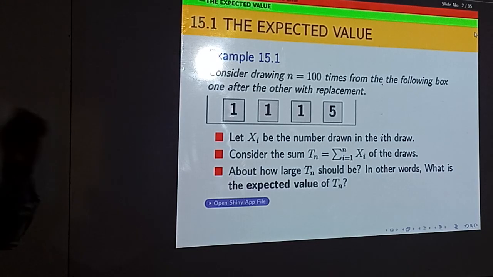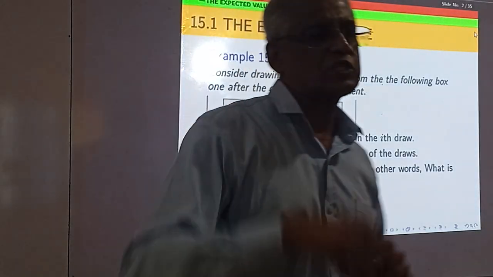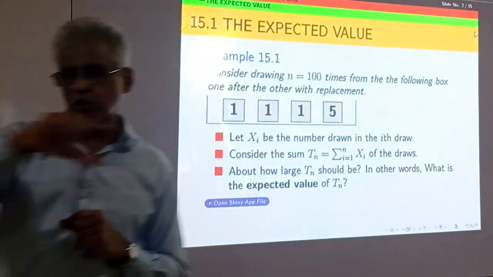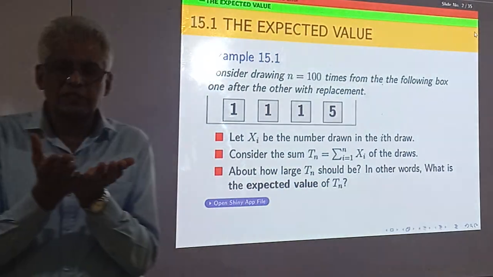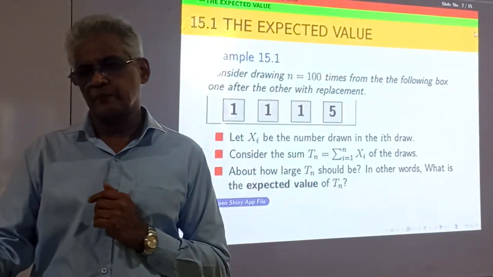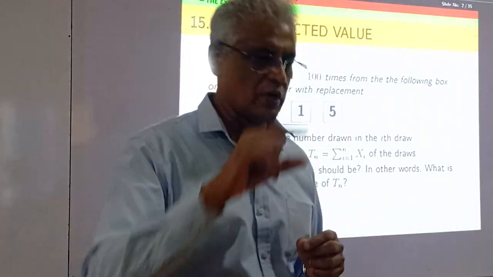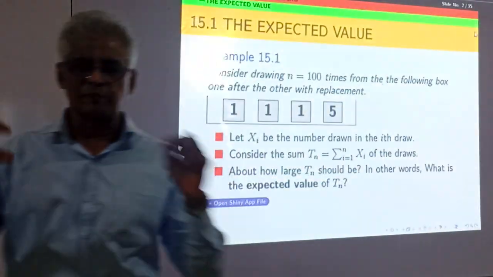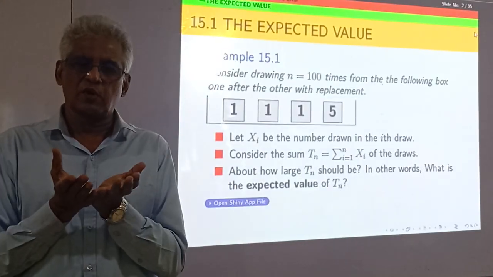So usually the expected value of the total will be equal to the expected value, the mean of the numbers in the box, times n. Right? For example, when you have -1 and +1, the expected mean of the numbers in the box is 0.